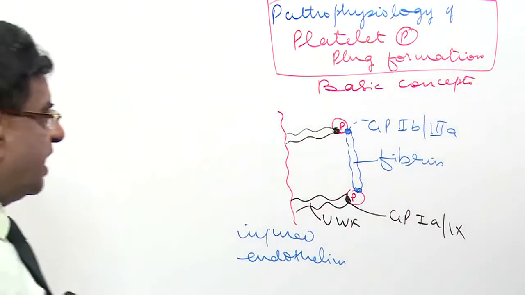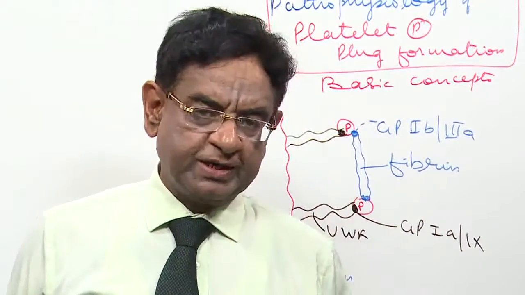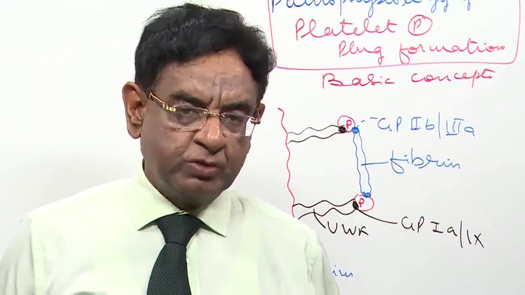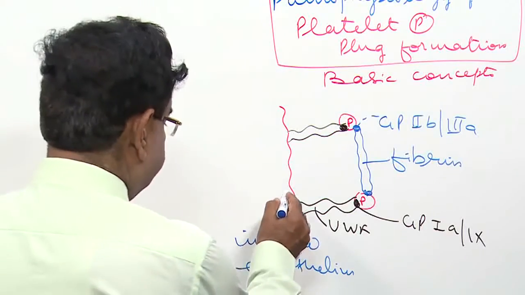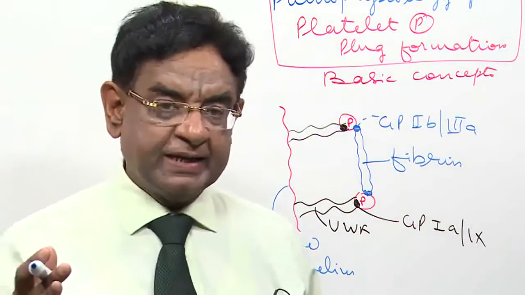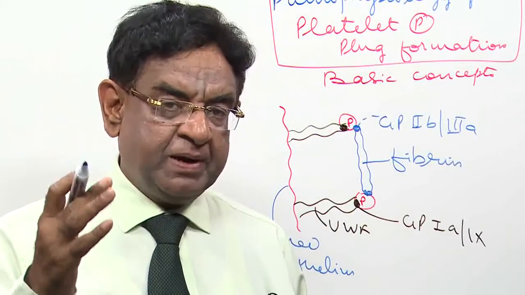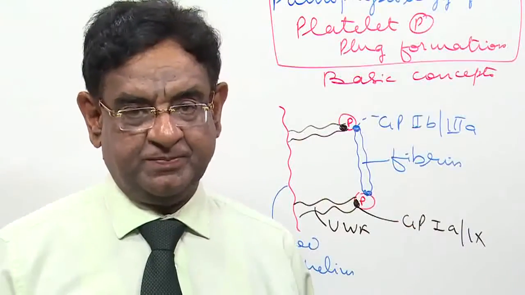This is the basic of how platelet plug formation occurs. It means that to have a platelet plug, there should be injured endothelium. That's why this platelet plug does not occur in a normal blood vessel.